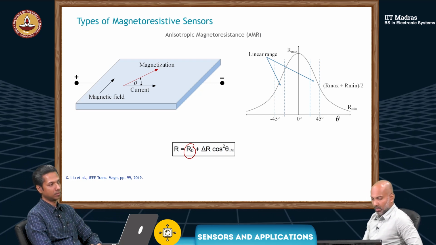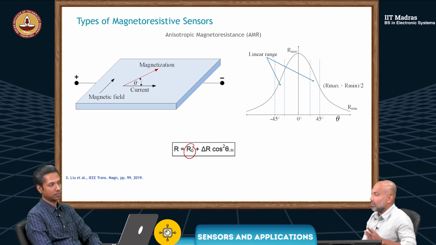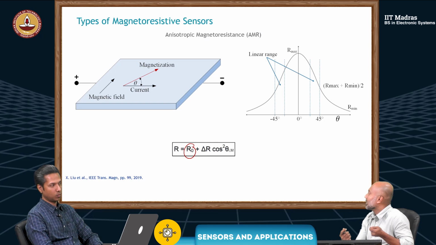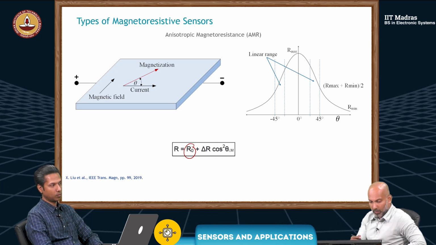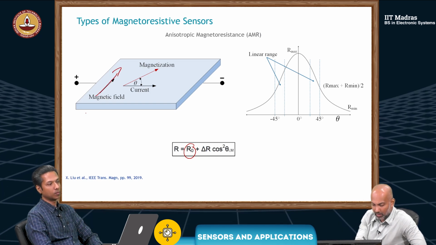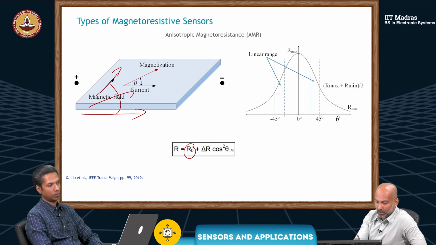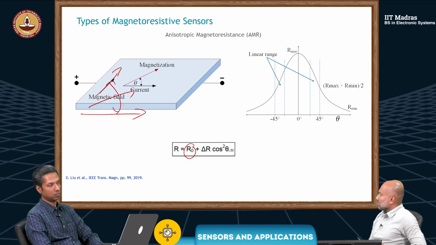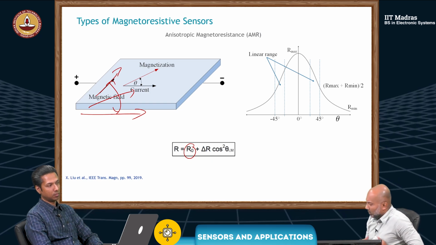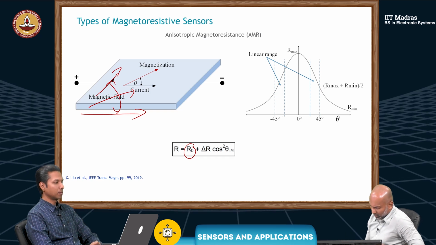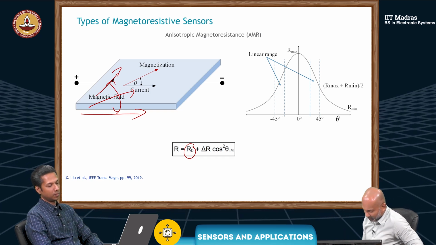If you apply the magnetic field in any kind of direction, will the change of resistance be the same? Let's say you apply the magnetic field this way, or this way, or another field in between. Do you think this resistance change will be the same, or might it be different due to some phenomenon?